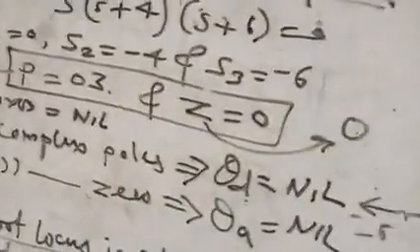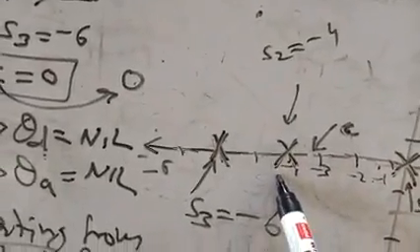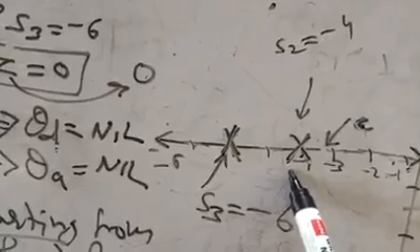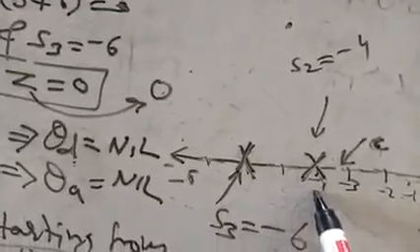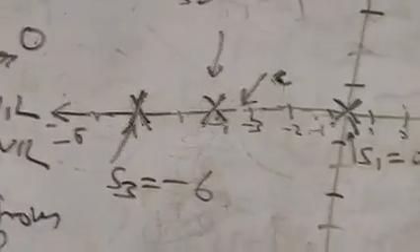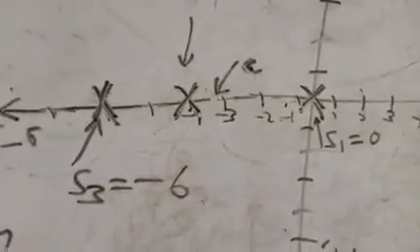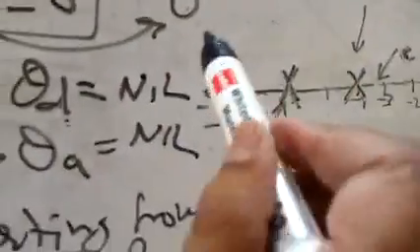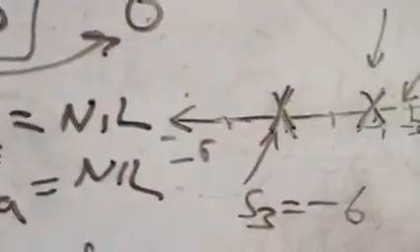Second is s equal to minus 4. Indicate here s equal to minus 4 by a cross. Already I told you to indicate the poles by a cross. And third is s3 equal to minus 6. And then observe the existence of root locus. First, see your s-plane from the left side.